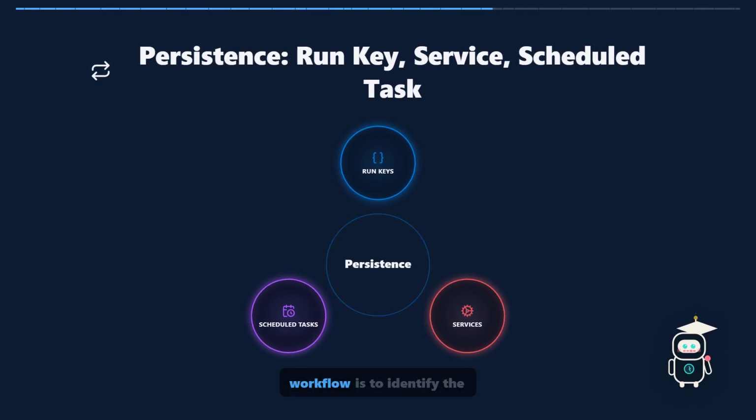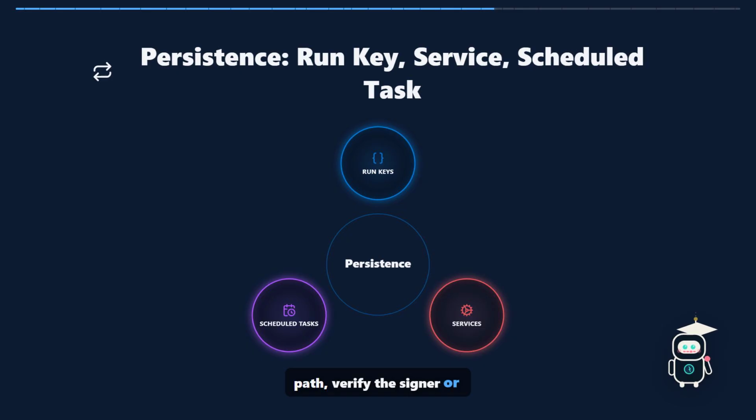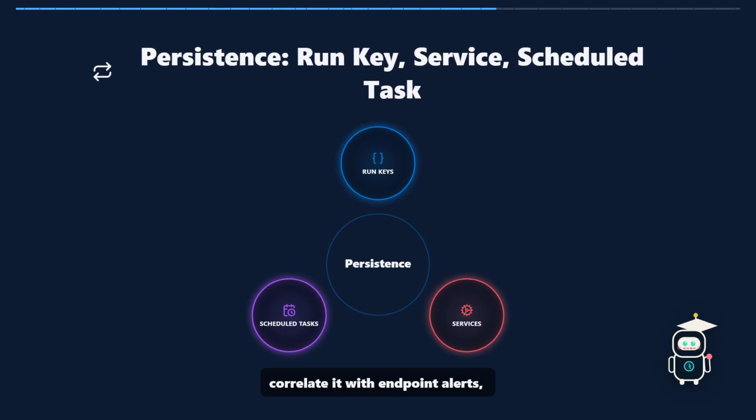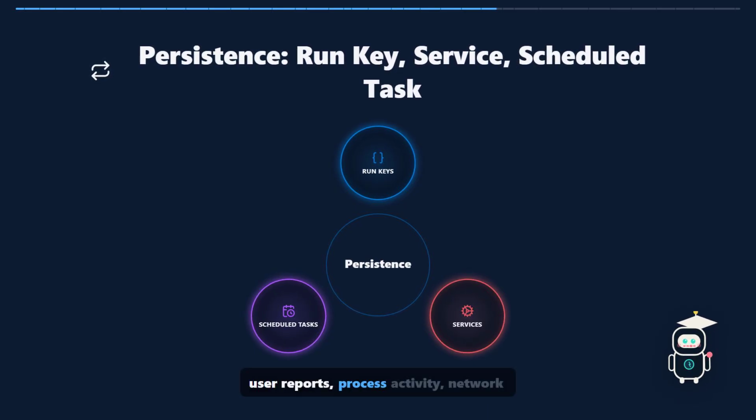A disciplined workflow is to identify the artifact, record the name and path, verify the signer or publisher where possible, inspect the creation and modification history, compare it with approved software, and correlate it with endpoint alerts, user reports, process activity, network connections, and change records.